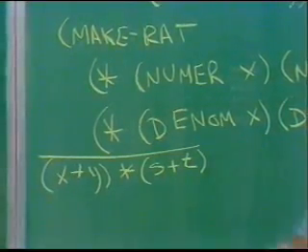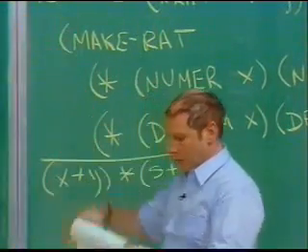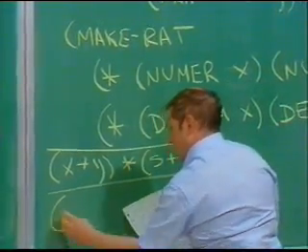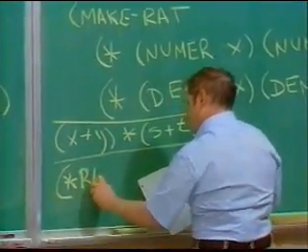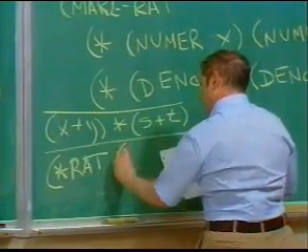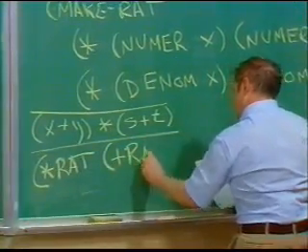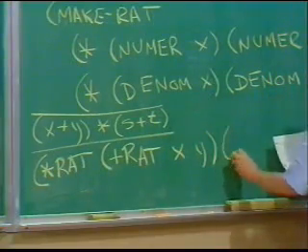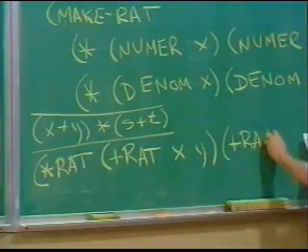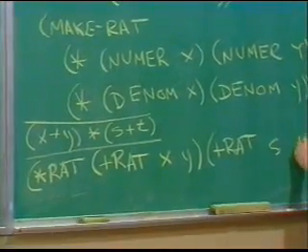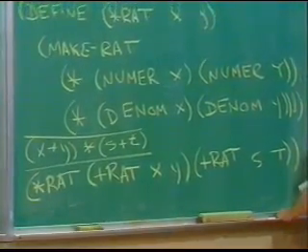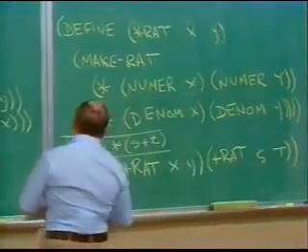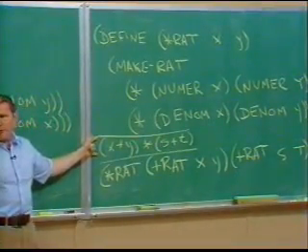Having things like plus rat and star rat, I'd say, oh yeah, that is just the product, that's star rat, of the sum of x and y and the sum of s and t. So except for syntax, I get an expression that looks like the way I want to think about it mathematically.